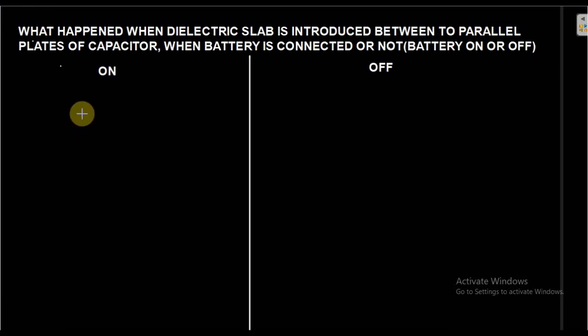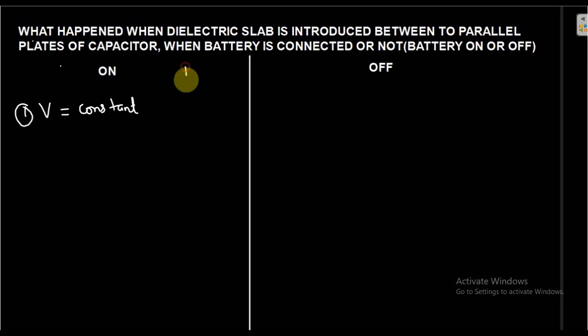Firstly, when the battery is connected across the plates, how will the potential vary? When the battery is connected across the plates, the potential V remains constant. Why is it constant?